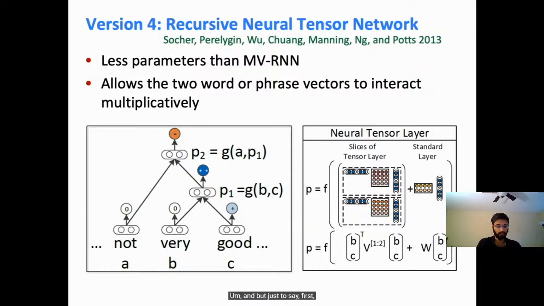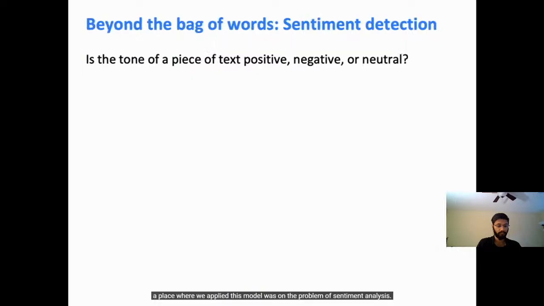But first, a place where we applied this model was the problem of sentiment analysis. The term sentiment analysis has come up a few times as something you can do, and Richard mentioned it in the last lecture, but I think we've never really talked for five minutes in this class on sentiment analysis, so I'll give this as an example.